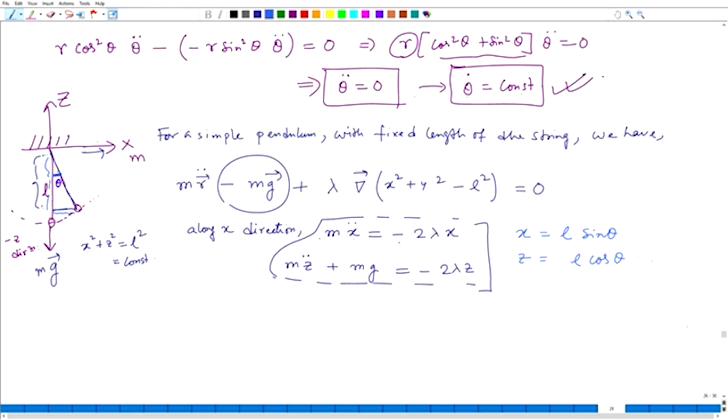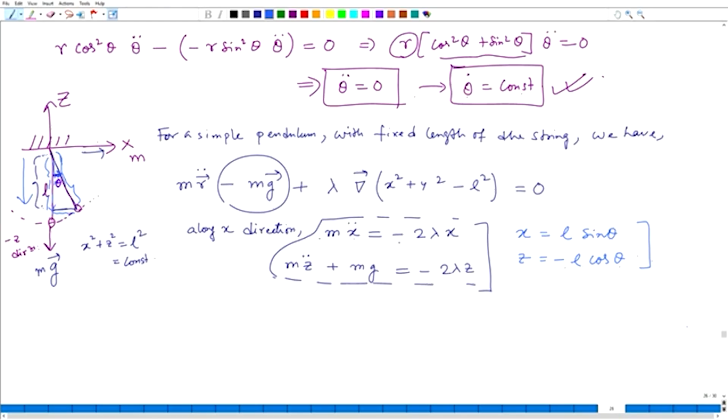Now, one thing we have to take proper caution of, that is z by definition is negative in this downward direction, that is why we will write minus L cos theta. L is just a positive number which is the radial distance, and if you define theta to be positive in the anti-clockwise direction, measured from this vertical direction, then you can write this as minus L cos theta.